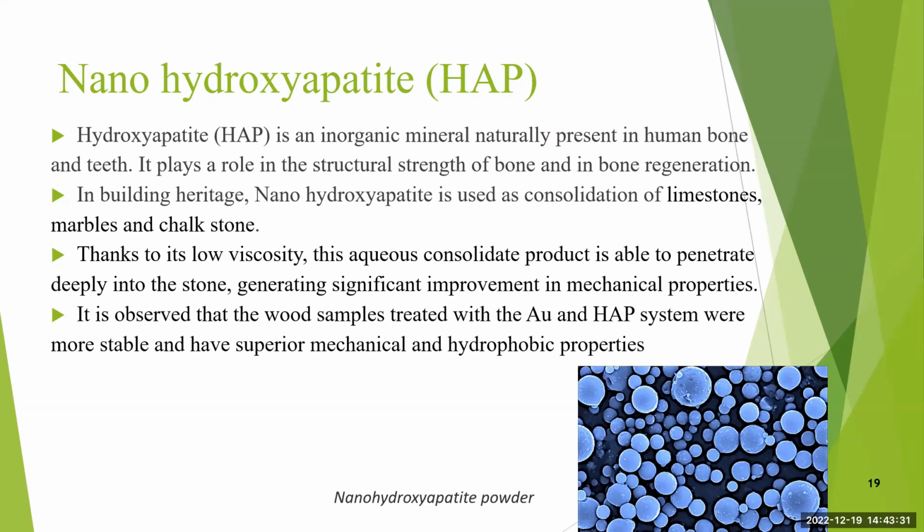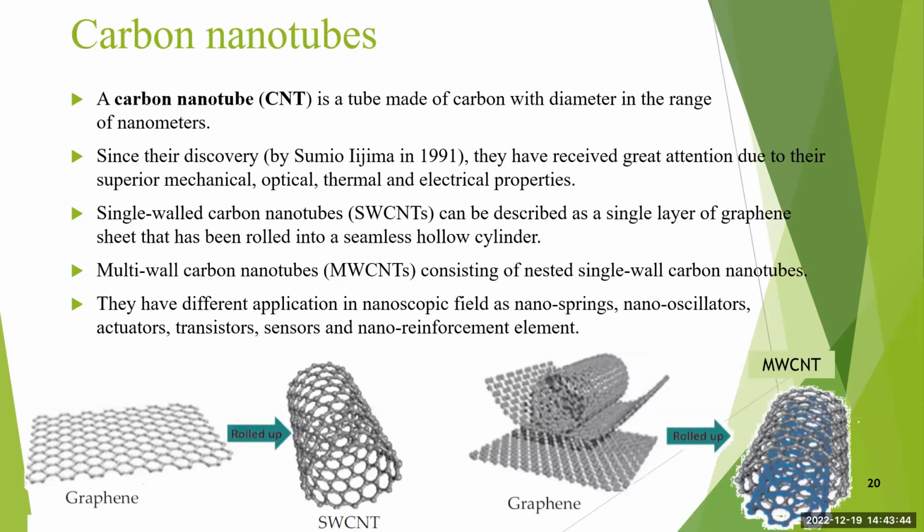Also, it has been seen that if you add this one with gold and apply it on a surface, it gives hydrophobicity to the surface. So it also has that self-cleaning mechanism. Okay. But usually the works that are done on cultural heritage and nanomaterials focus on using nanoparticles, as I told you, metallic oxide or metal nanoparticles.